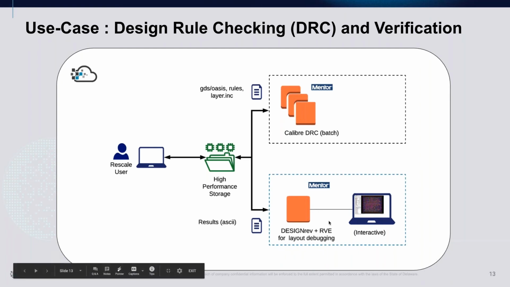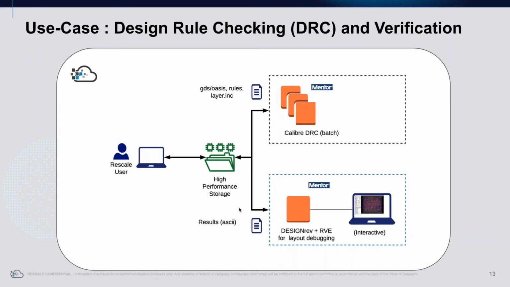I want to talk about the architecture of how we are going to run DRC on the Rescale platform, right? There are three important pieces. The first is the high performance storage. This is the block storage that I was talking about. It's an NFS mount shared storage where you can bring in your PDKs, your GDS files, your OASIS files, and set up your simulation environment.